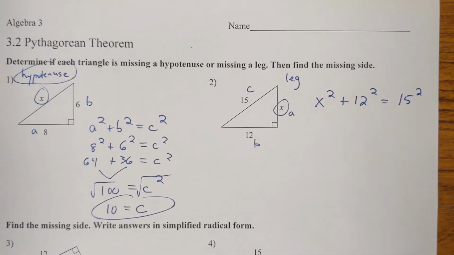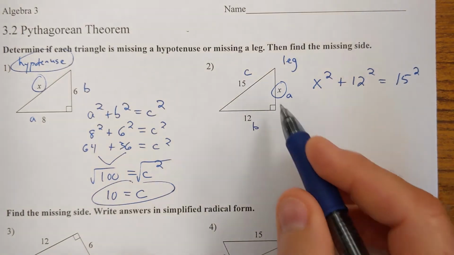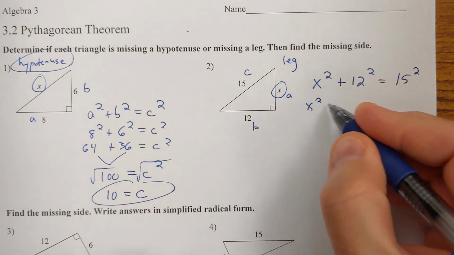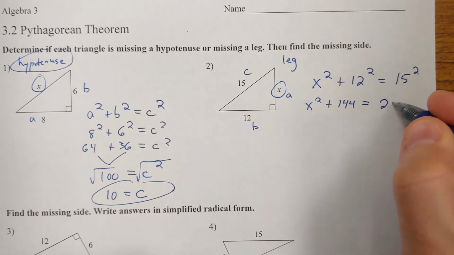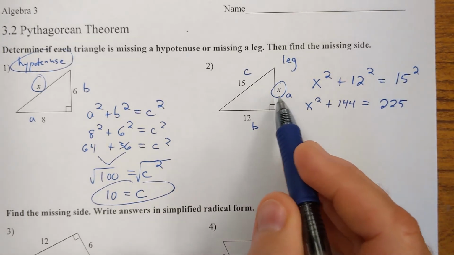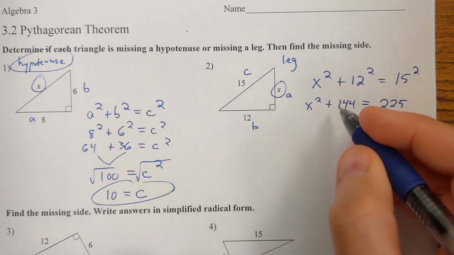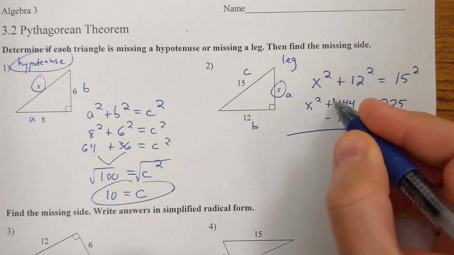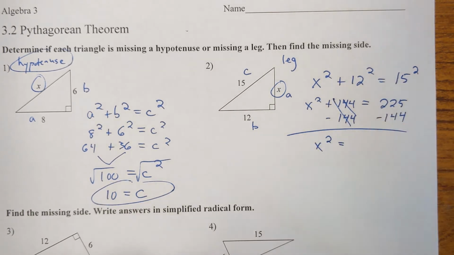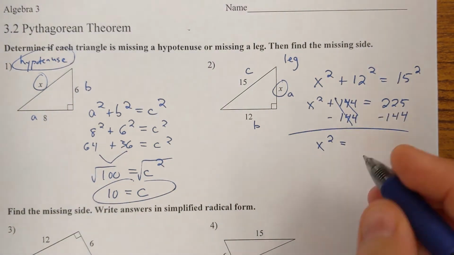Here I'm going to have to use a little bit of my algebra skills to find the missing side. I know that 12 squared is 144, and I know that 15 squared is 225. If I want to find this missing leg, I'm going to have to subtract 144 from both sides. I'm left with 81.